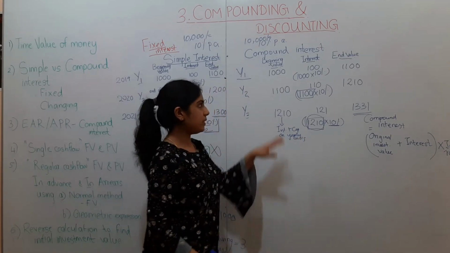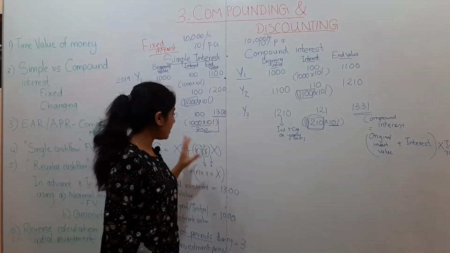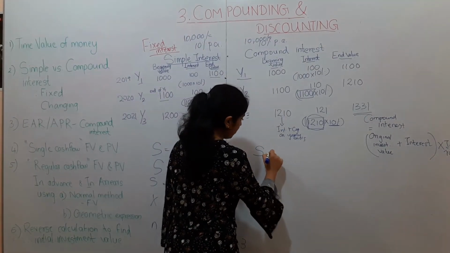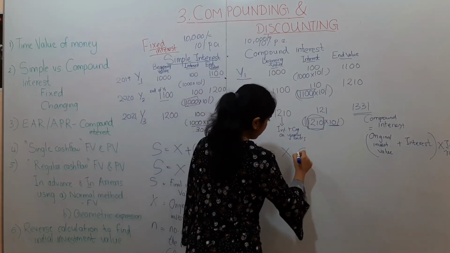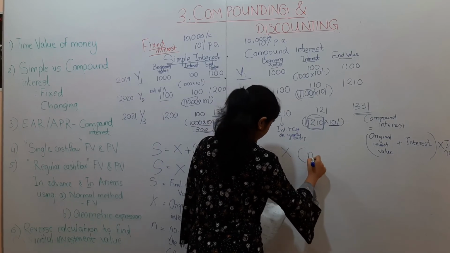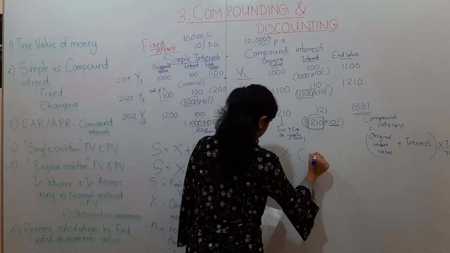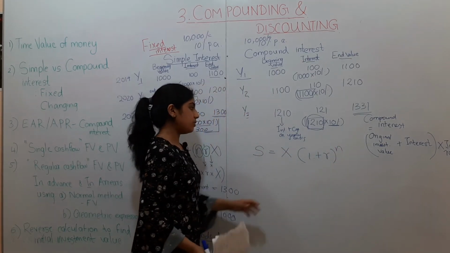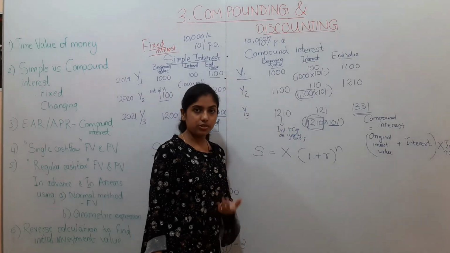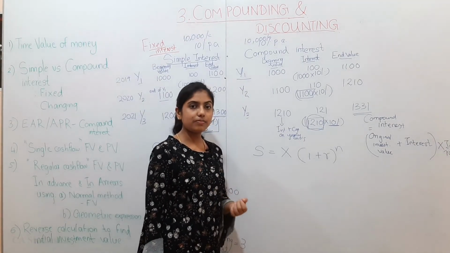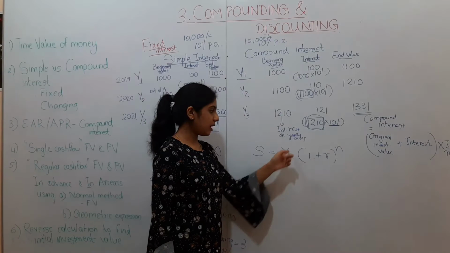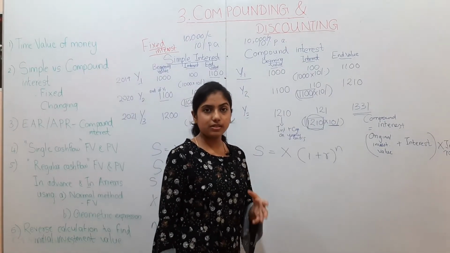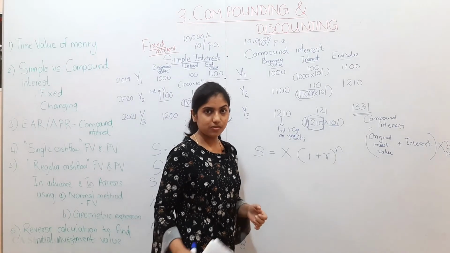So the same thing as we did here, we can put into a formula, which is S equals X bracket 1 plus R to the power n. Now, I have told you all in chapter 2 of equations that brackets without any sign before them are assumed to have a multiplication sign.